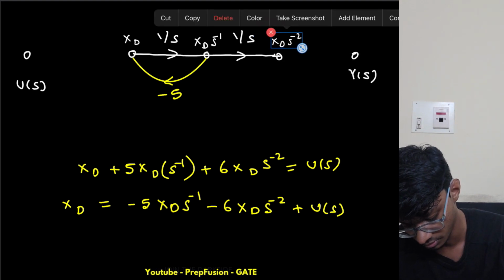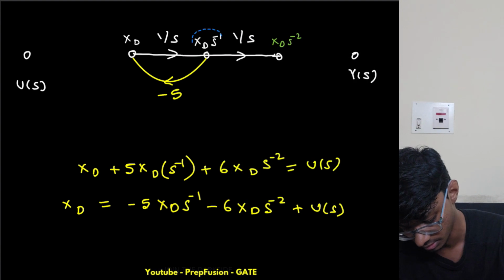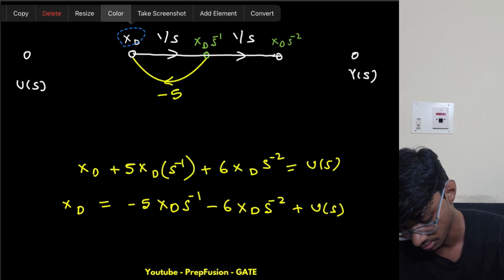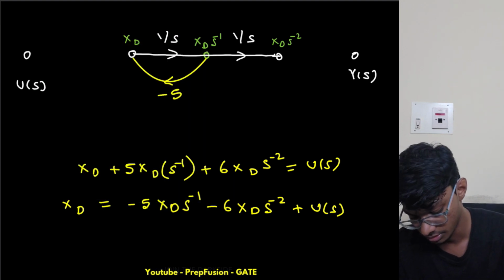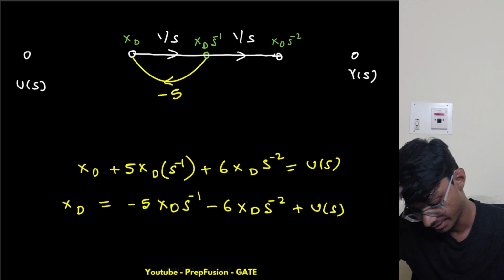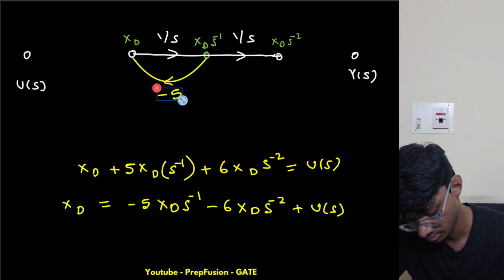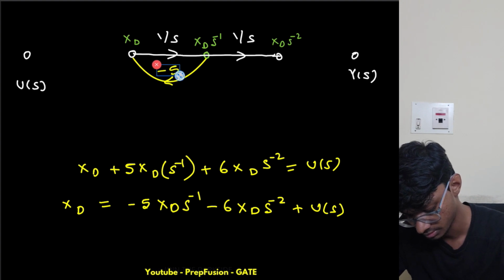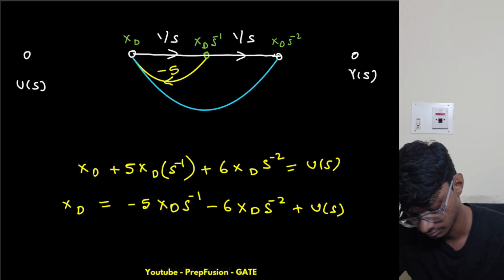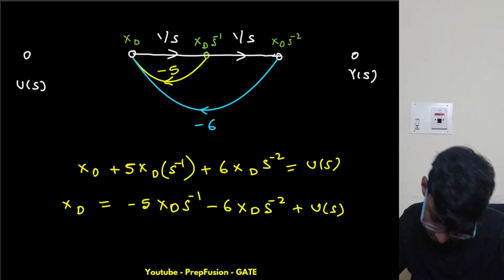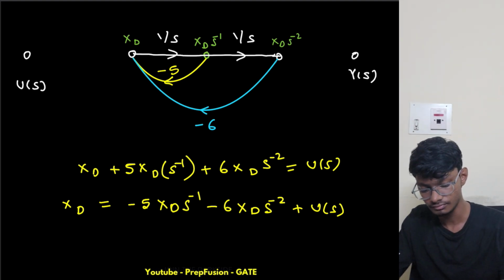Let me color this green. So this is minus 6, right? So a minus 6 also will come.